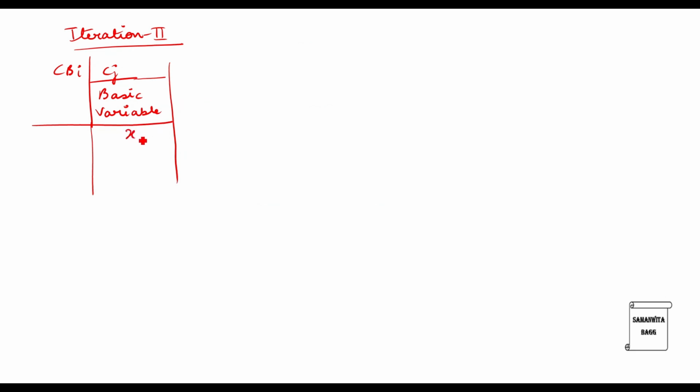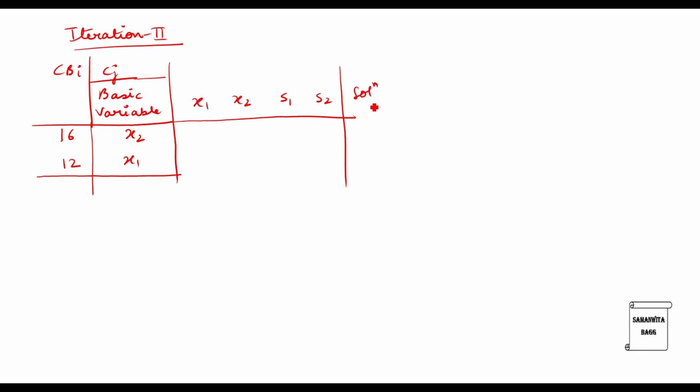So it is x2, x1. The coefficient of x2 in the equation of z is 16 and x1 is 12. Then we will write here x1, x2, s1, s2, and solution. I don't know if this is the last step, so we will just write the solution and leave some space. Here this is 12, 16, 0, 0.